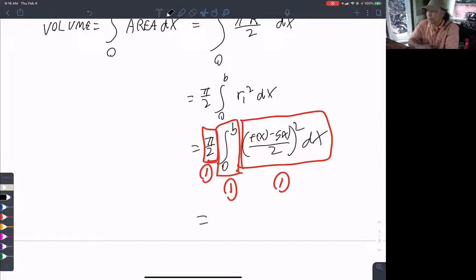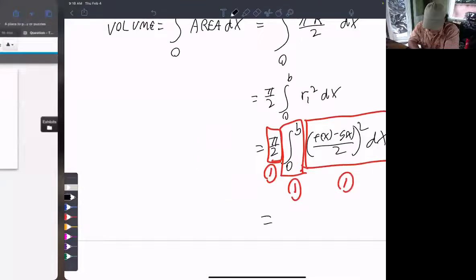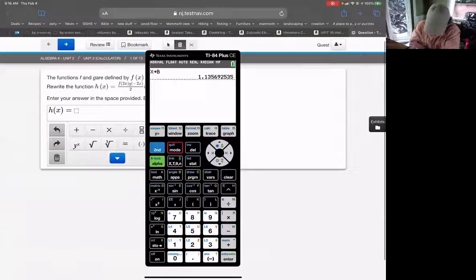And here's what's beautiful. Watch. I'm just going to pop that in the calculator. Pi over 2 integral. So I would do this. Let's get a fraction. On top is going to be pi. On the bottom is going to be 2. And then I'm going to math 9 to integrate.